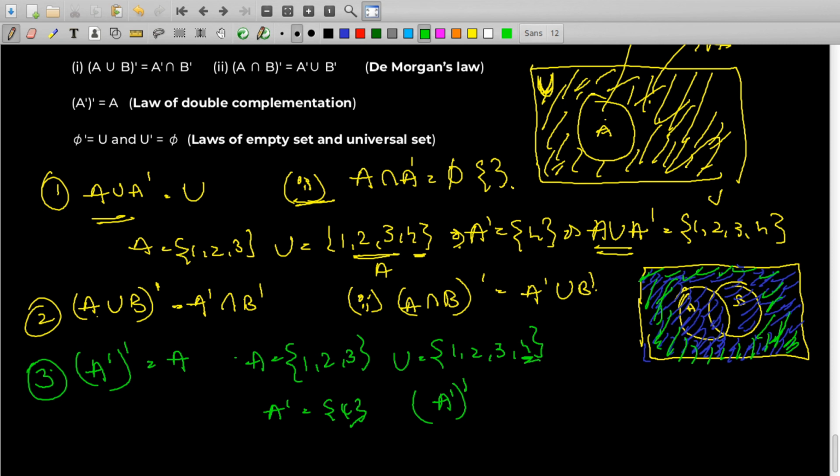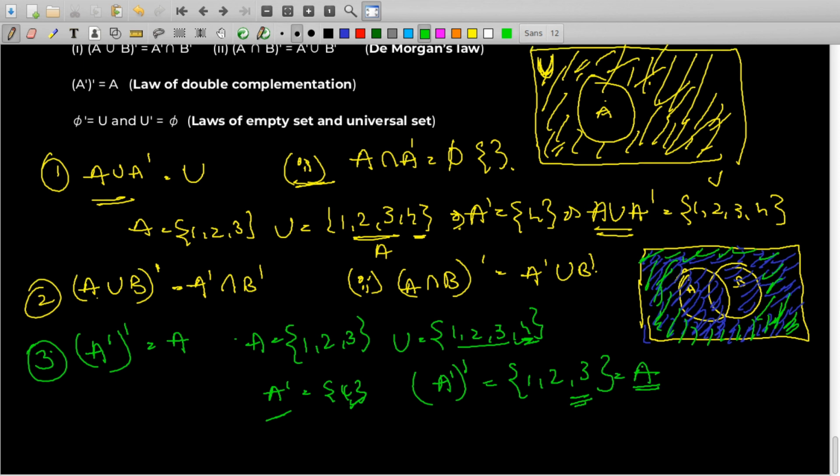To find A complement's complement, we have to get the elements of the universal set which are not there in A complement. So 4 is there in A complement, 1, 2, 3 are not there in A complement, so A complement's complement will be 1, 2, 3. Okay, and what is it? It is A again, right? So that was the law of double complement actually.